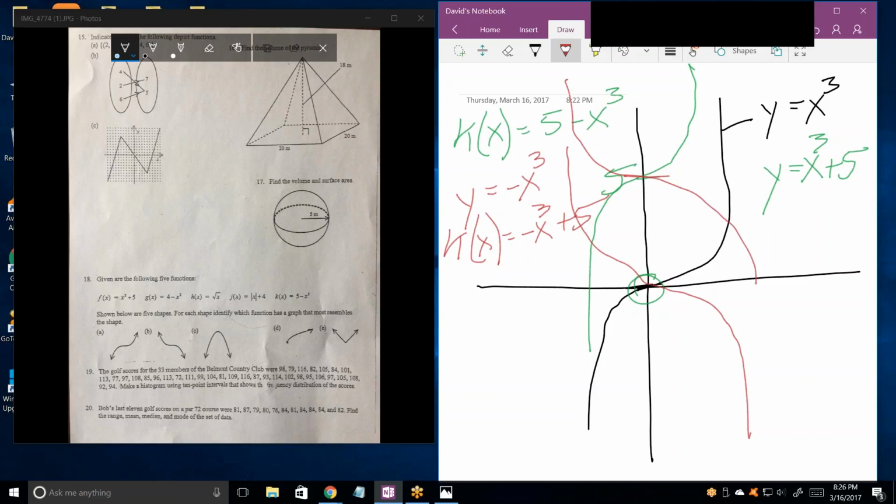And that is B. Notice the difference between A and B. B is a reflection over the x-axis of A. That's all it is. You get that reflection because there's a negative sign in front of the cubed variable, whereas f of x had a positive sign in front of the cubed variable.